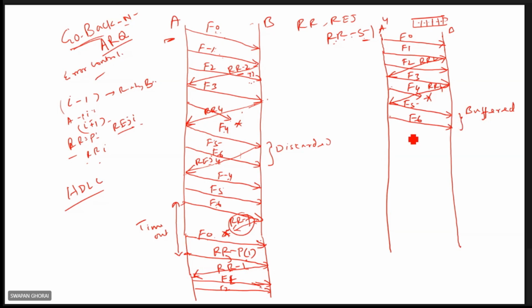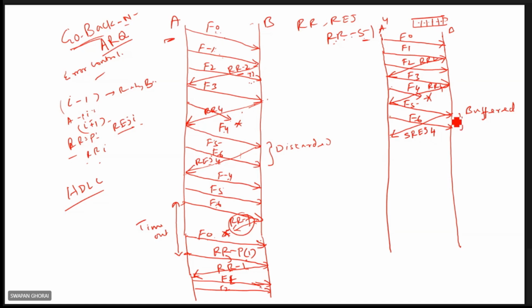After getting this 5, the acknowledgement it will send is SREJ, selective reject 4. That means selectively, not cumulatively.